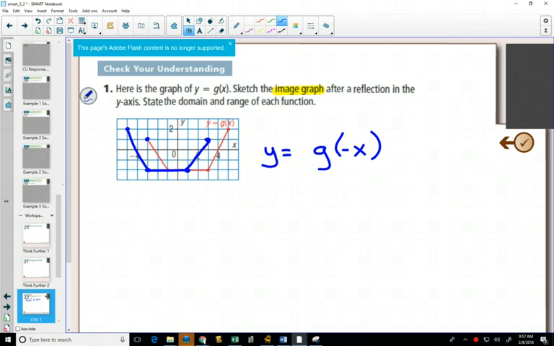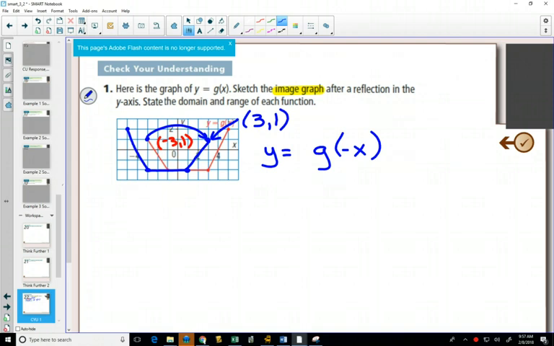If I think about a specific point from here to here, which coordinate has changed? It's the x coordinate that changes. This point on the red graph is (-3, 1). This point on the blue graph is (3, 1). It's the x coordinate that's changing, so our negative goes with the x.